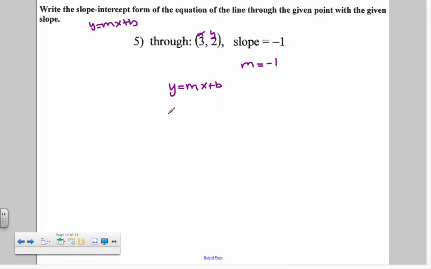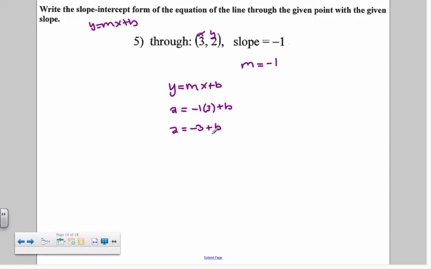For this particular line, I know that there is a point where y is 2. My slope will always be the same. It is negative 1. There is a point in which when y is 2, x is 3. And I need to find then what my b would be, or my y-intercept. So I'm going to go ahead and solve for b. Here, 2 will equal negative 1 times 3, which is negative 3, plus b.